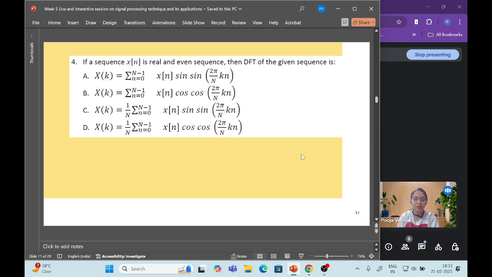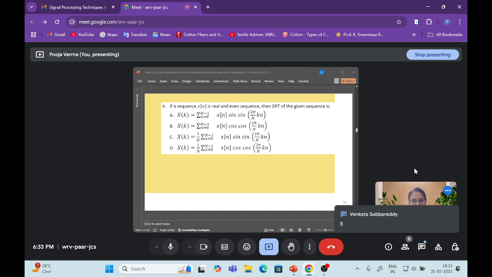Then what will be the DFT of that sequence? Option B is the correct answer. But how? I will explain it here.